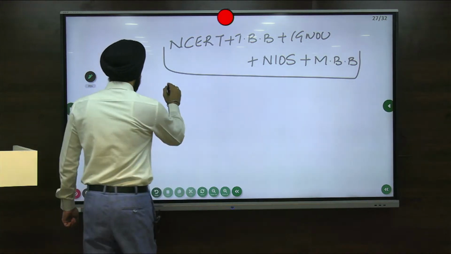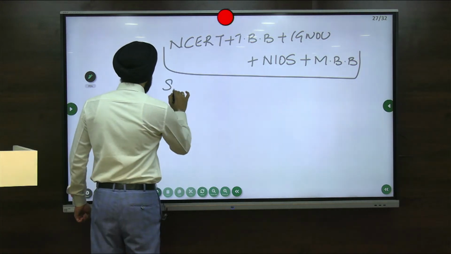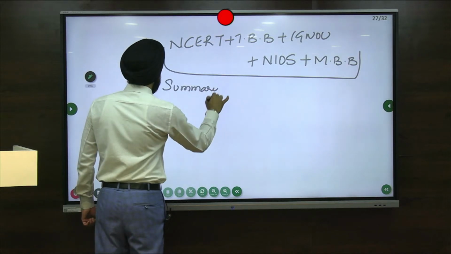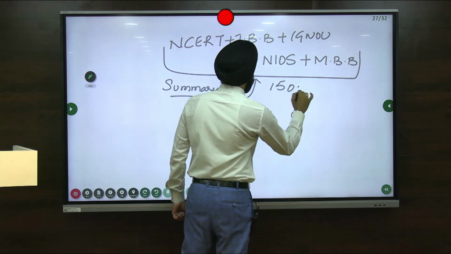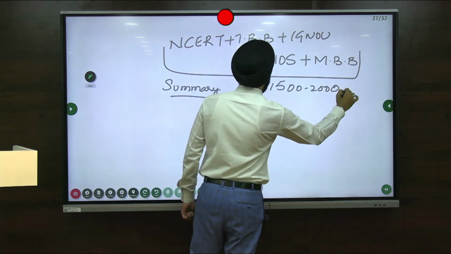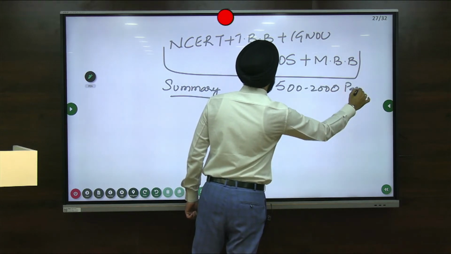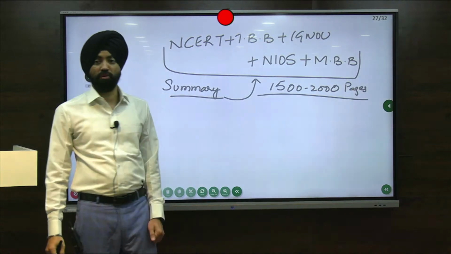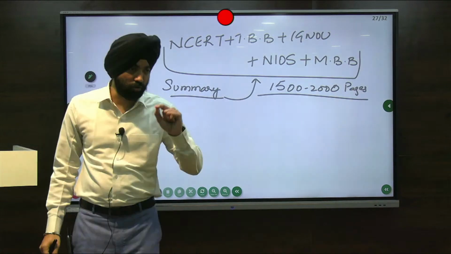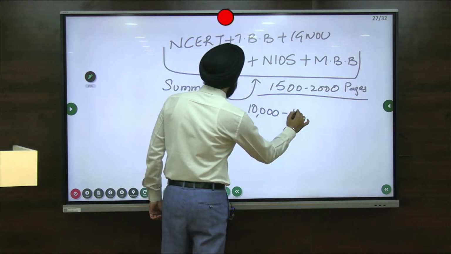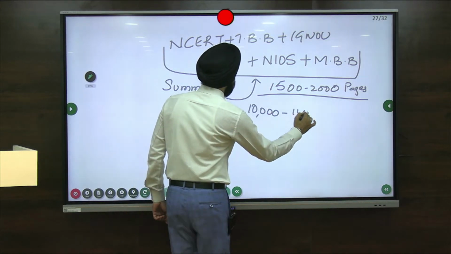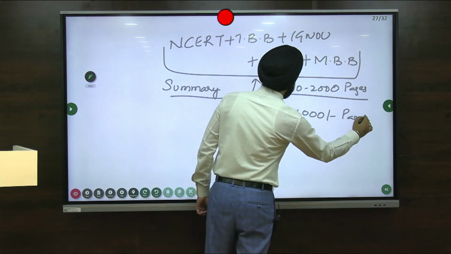So you will get a summary of all this content, of all these sources, in the form of 1500 to 2000 pages of highly enriched study material as part of your foundational coaching. So I am giving you anywhere between 10,000 to 11,000 pages of study material to study.